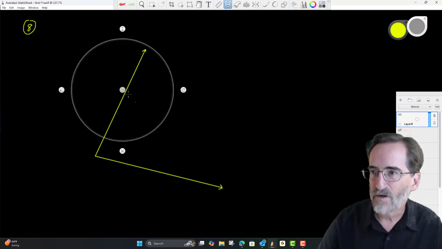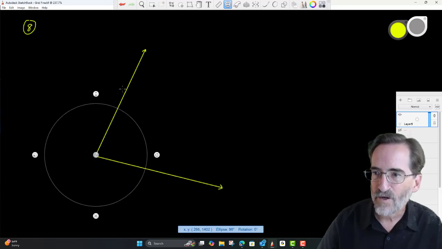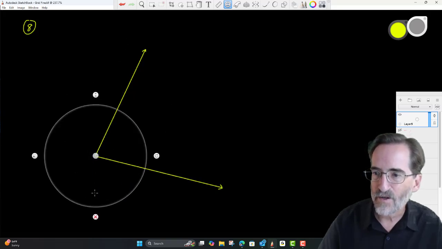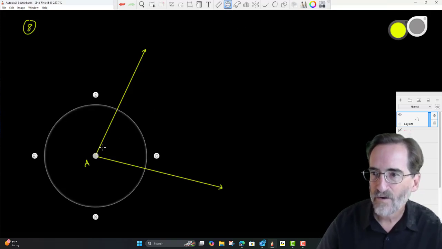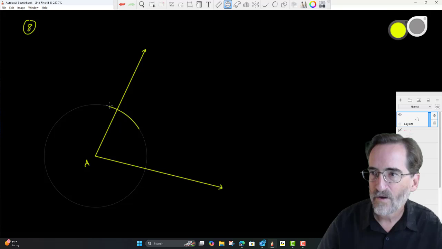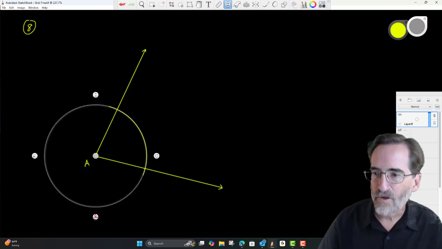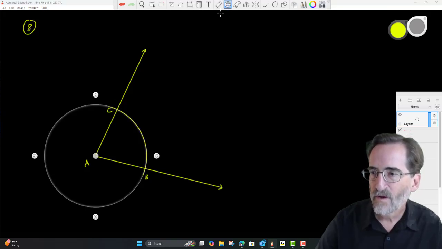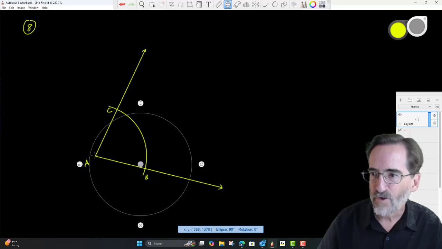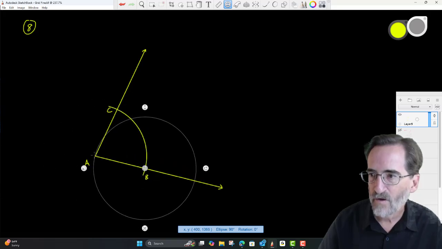So take your compass, put it on the vertex. I'll label that A. Label the intersections B and C. Take your compass, put it on B. Draw an arc.